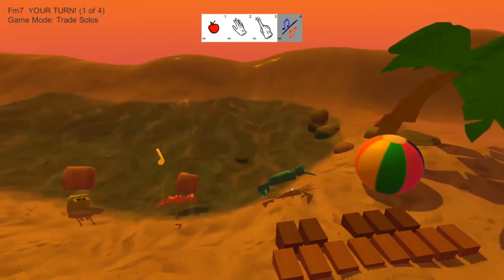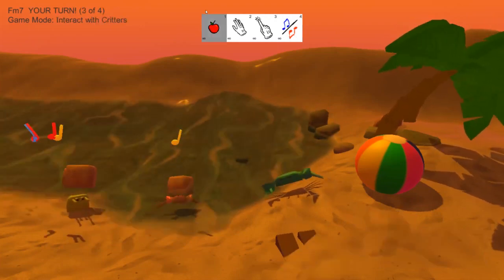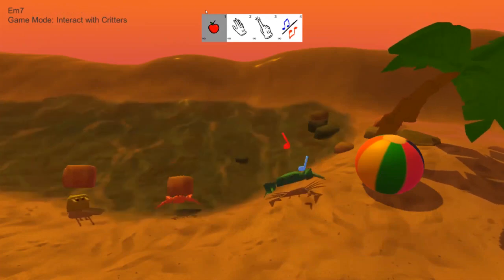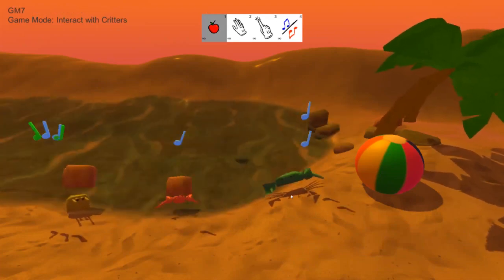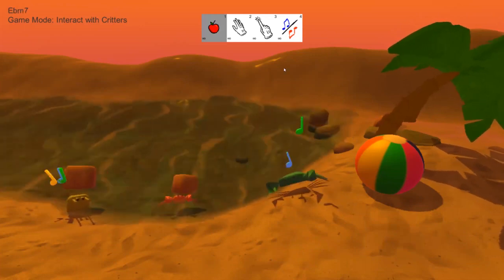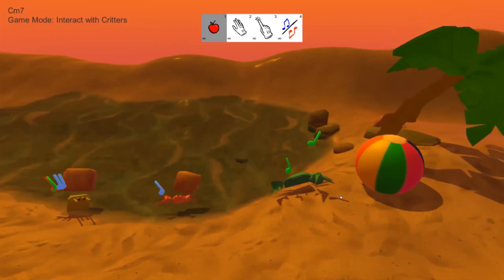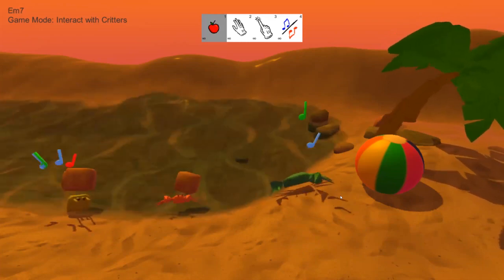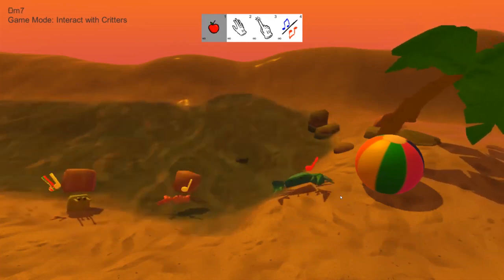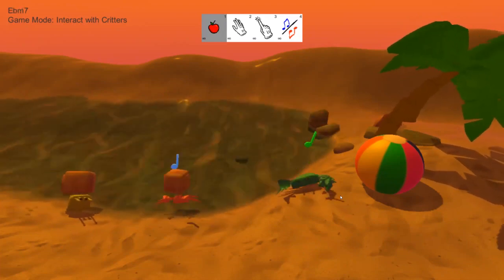To point out some of the graphical elements here, let me put it back to the default case. As the critters are playing notes, these little note sprites are being emitted in sync with the score. And we have sort of 3 layers of sound timing going on in this.